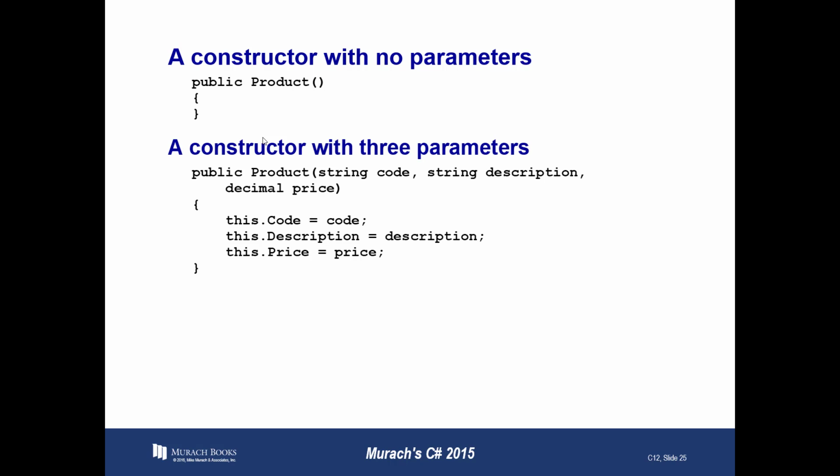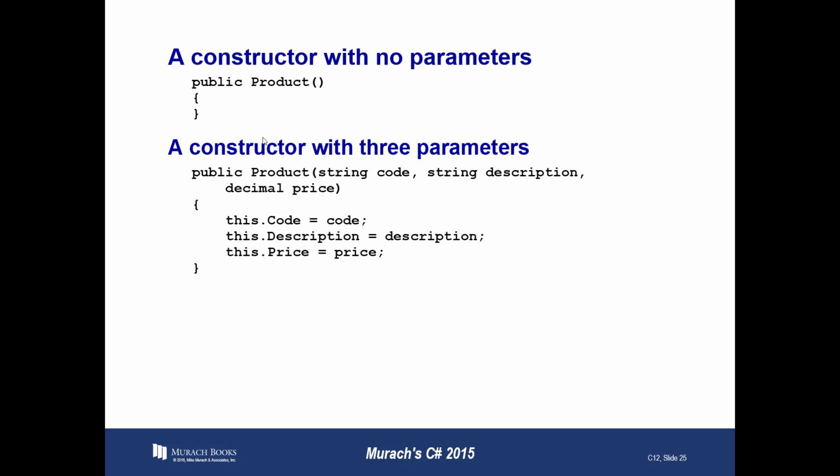Constructor, I already mentioned, is a special method that is called when the object is instantiated. Here's an example of an overloaded constructor. In the first case, it's what's typically referred to as a no-arg constructor because there are no arguments in the parentheses.